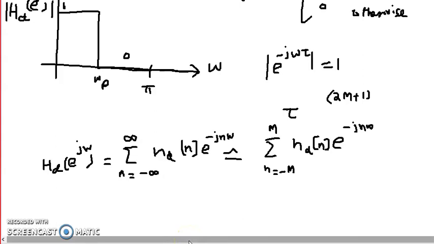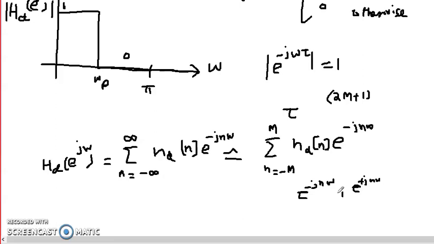So it will be having a zero phase. Why? Because there are a number of terms on the positive side and the negative side. It means e raised to power minus j n omega terms will be there, and e raised to power plus j n omega terms will be there. So they will be added together and they will be giving a zero phase term like sine and cosine.